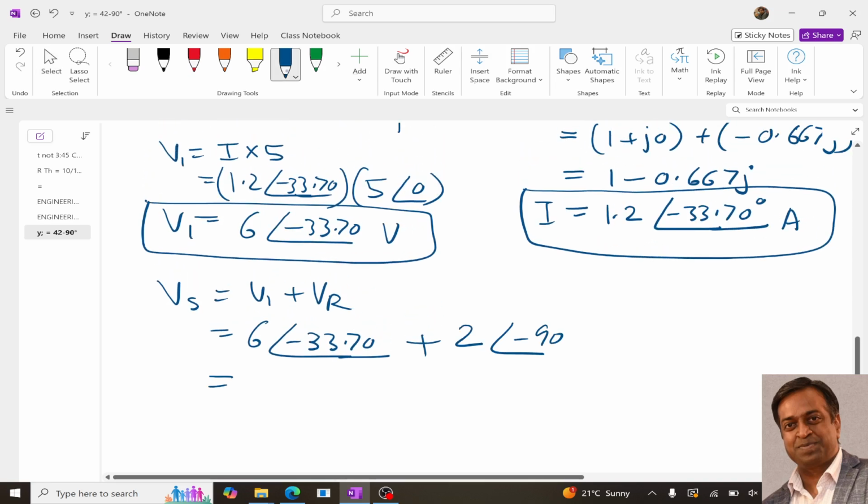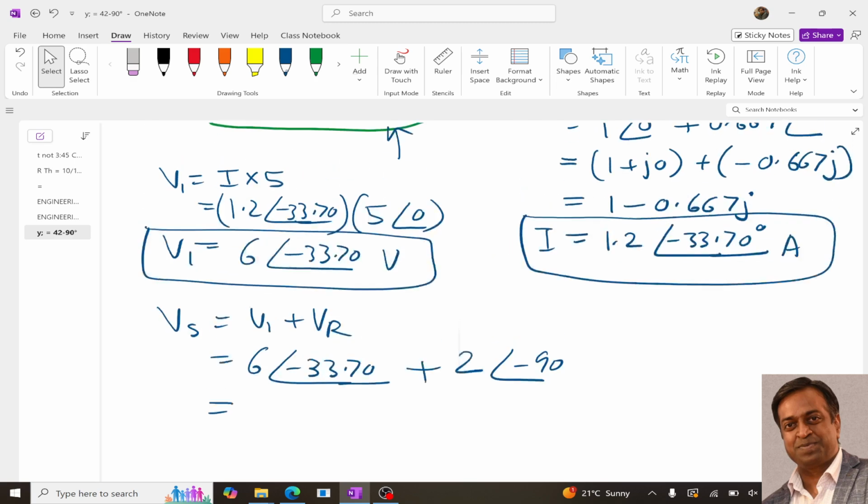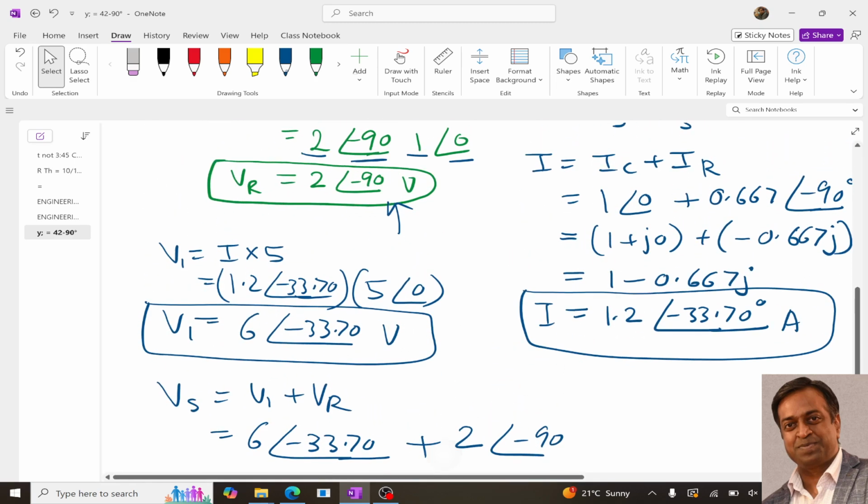Now since addition is there, it's better to convert it into the rectangular or complex form. So our V1, let me check what is V1.